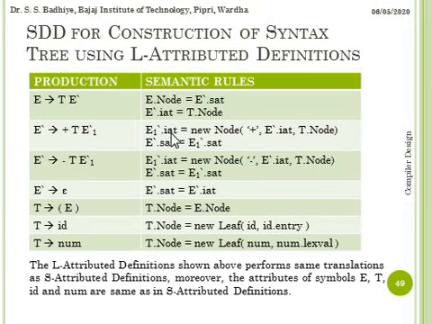E1 dash dot inherited, this new attribute, will create a node which has the value of E dash dot inherited and gets the value from T dot node. So the T dot node and plus value will be created at this particular point, whereas the synthesized attribute of E dash will get the value of the synthesized attribute of E1 dash, right?